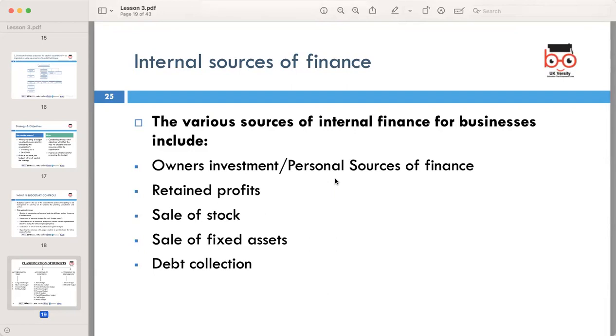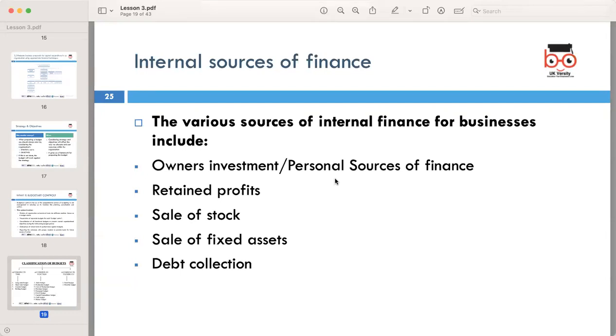So owner investments are funds contributed by the owner or shareholders, and retained profits are generated by the business and reinvested instead of being distributed as dividends.